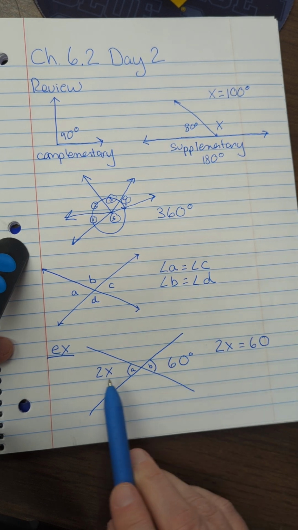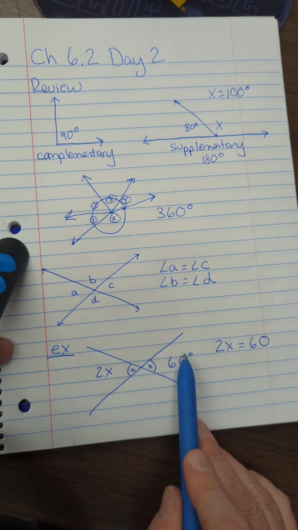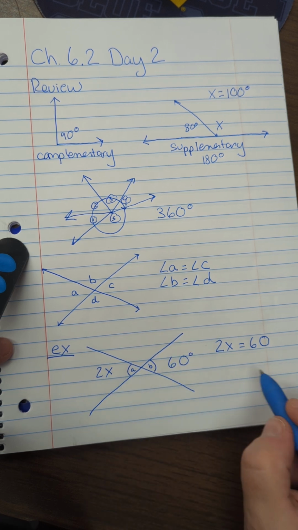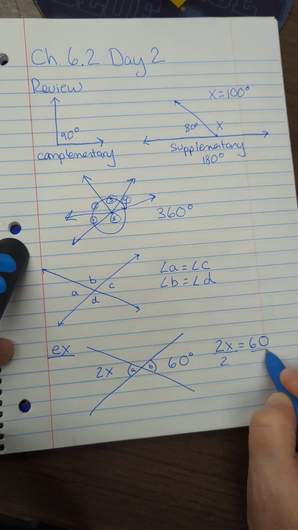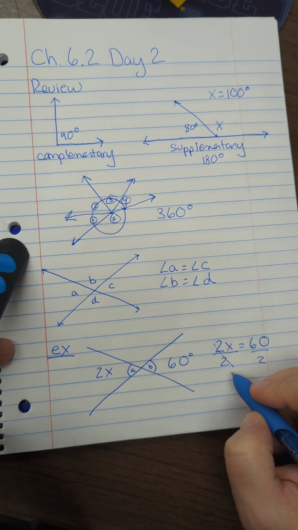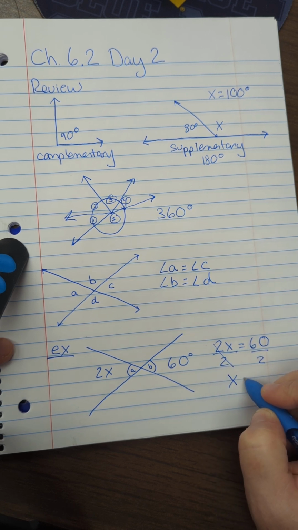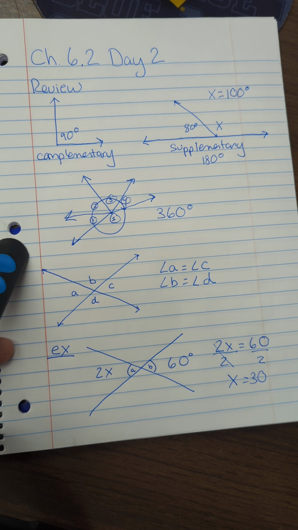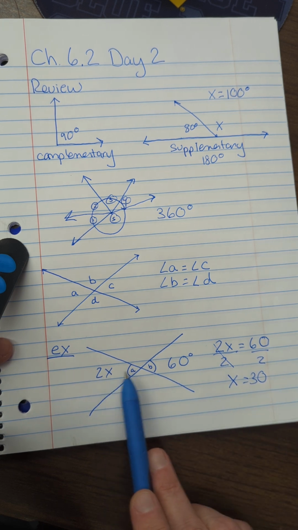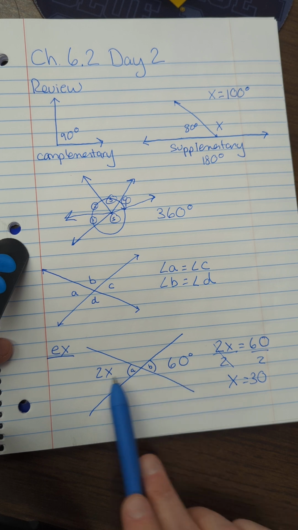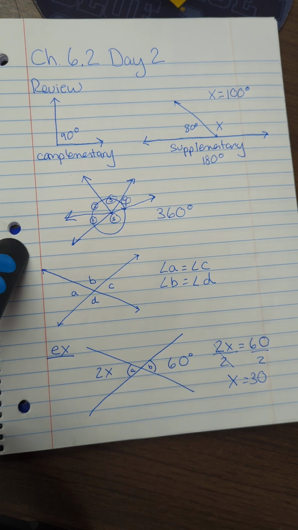So this has to equal this because they're opposite of this x. So I can solve for x, divide, and I know that x equals 30, which makes sense, right? Because 30 times 2 is 60. So it's 60 and 60. I know that I got it right. I can use that to help me out.